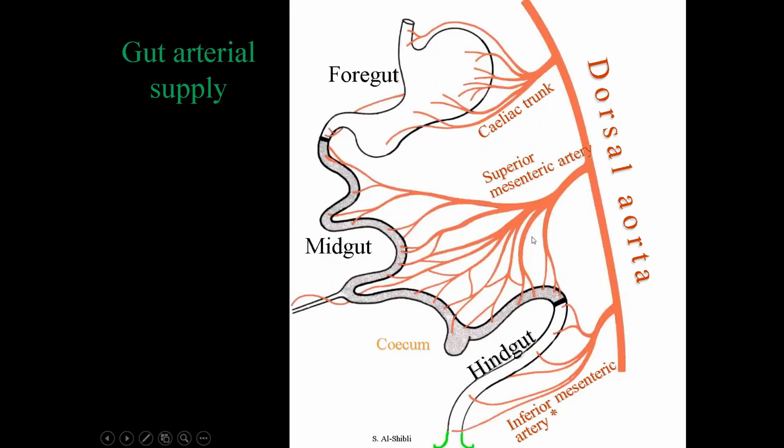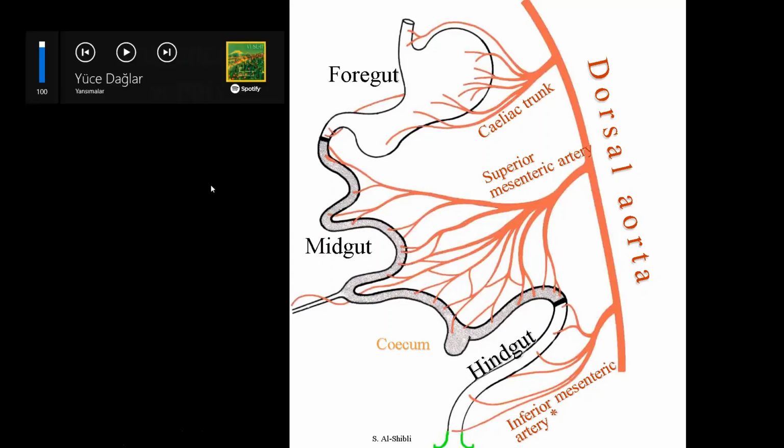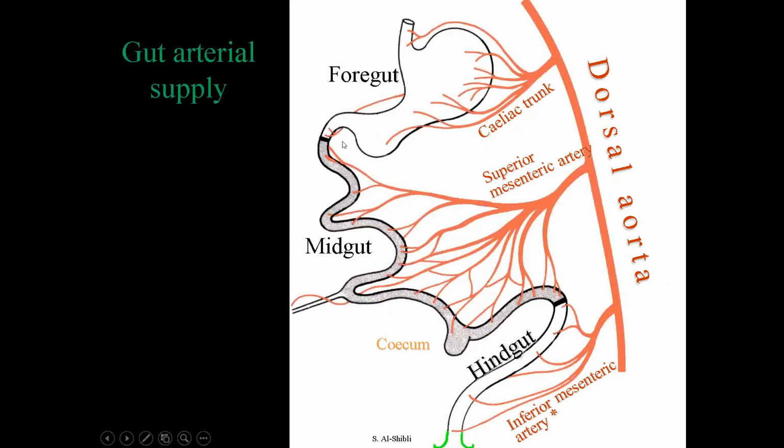If I ask a very simple question, what about the duodenum? What is the blood supply of the duodenum? So you will ask yourself, is it foregut, midgut, hindgut? Duodenum? Foregut or midgut?